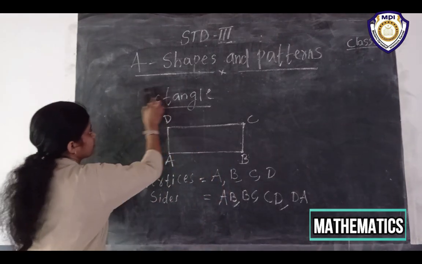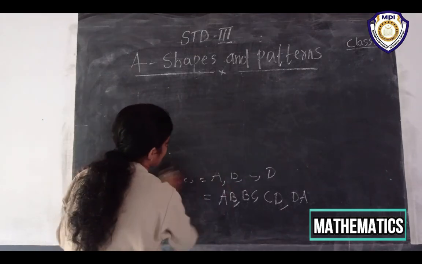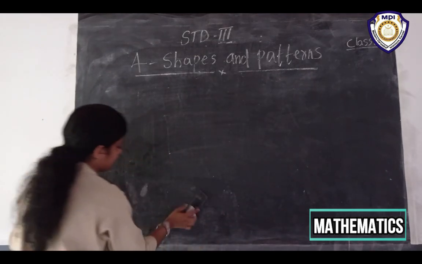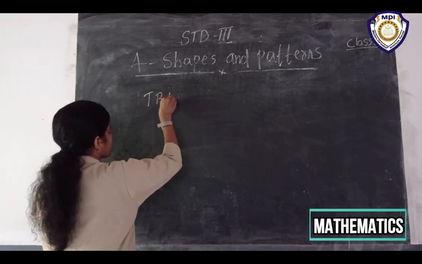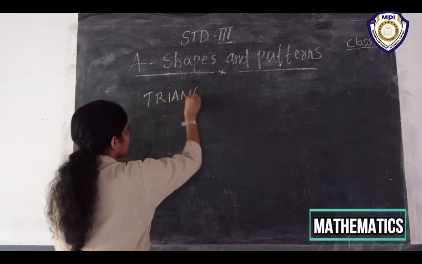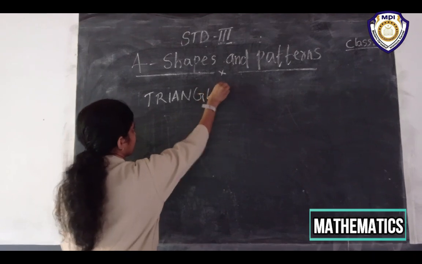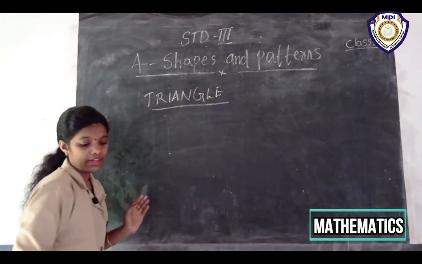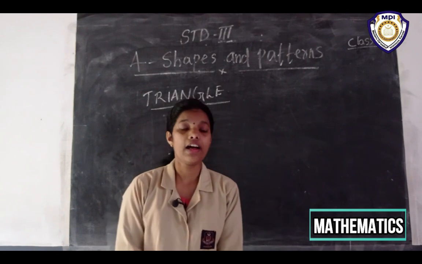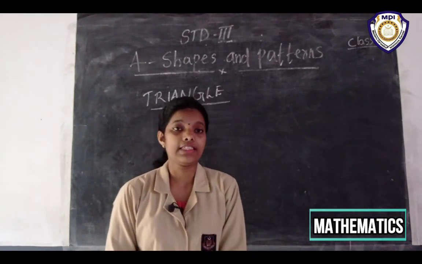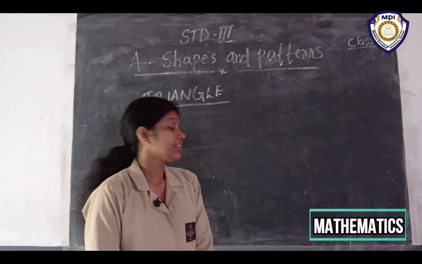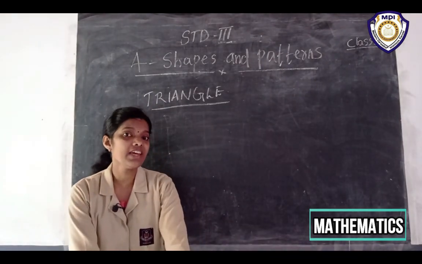Triangle. A triangle has 3 sides and 3 vertices.